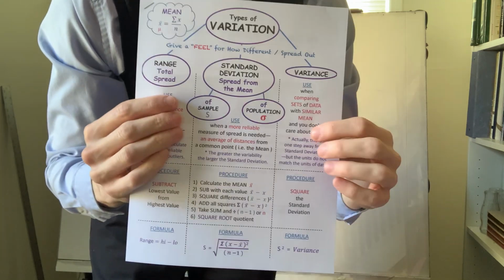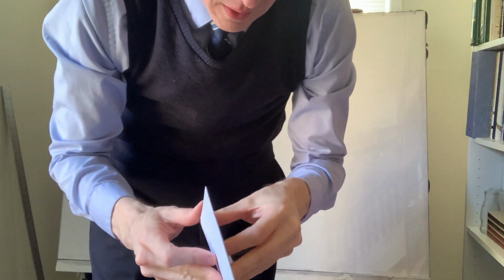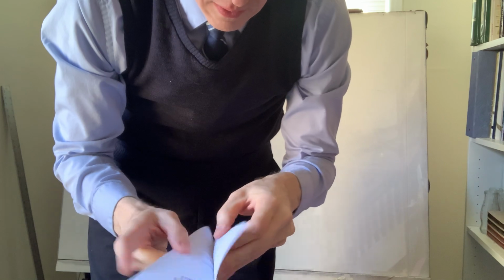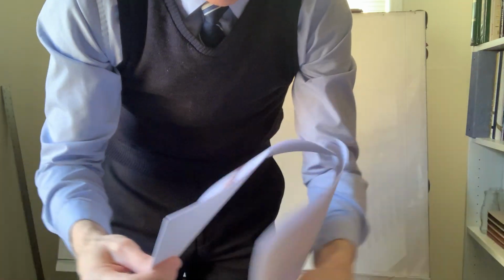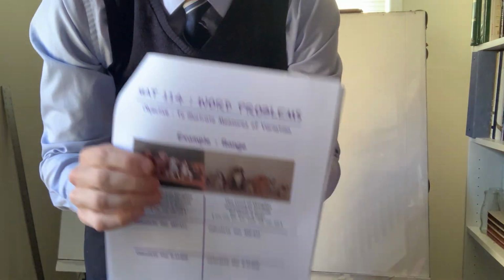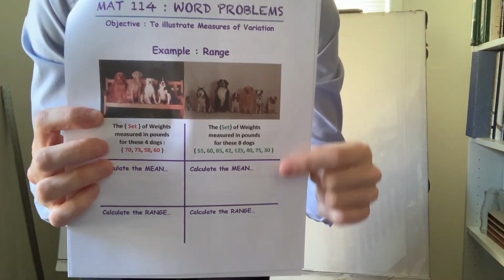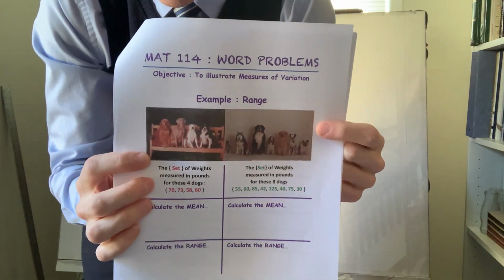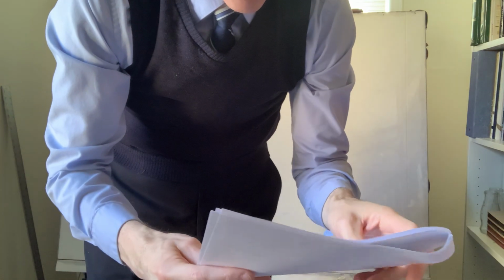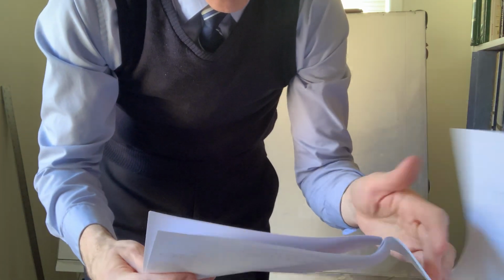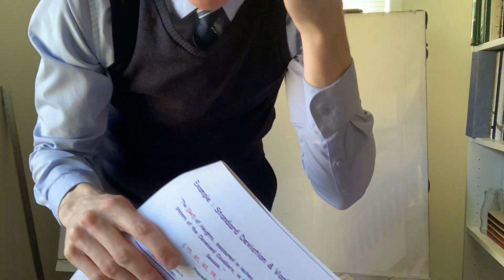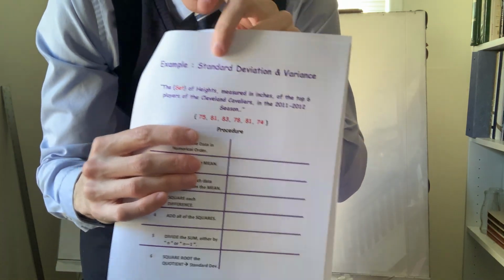You can annotate if necessary. Then there are some word problems that I swiped from an older resource that I had, so I like them better. I think they're more illustrative. One is for range and the other one is for standard deviation specifically.